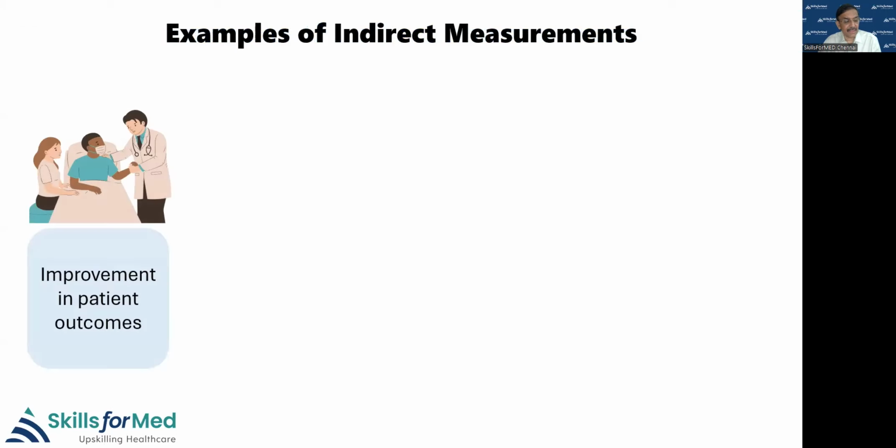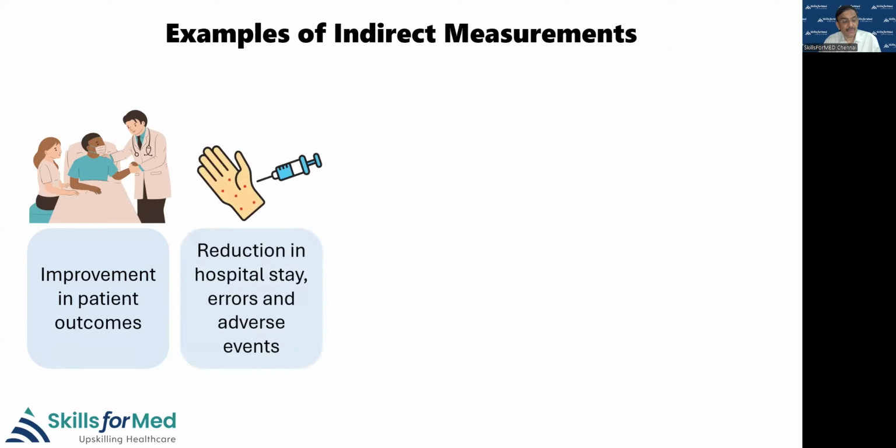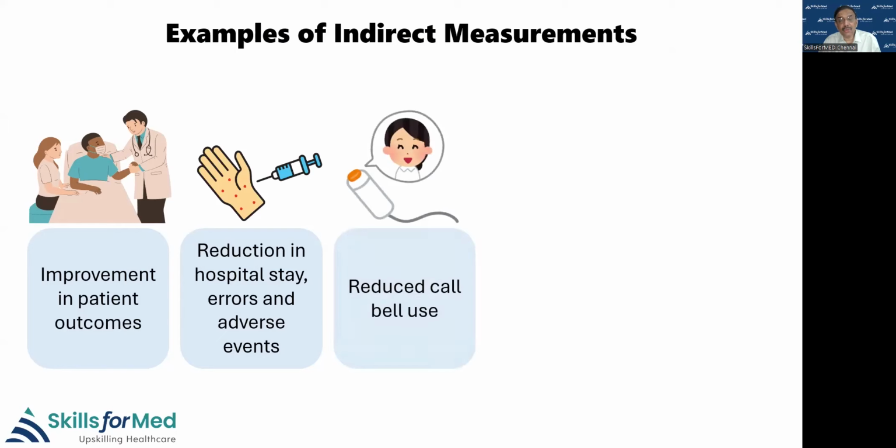These are some examples. Any patient improvement in outcome, if the improvement is due to the nursing rounds. Though many other factors are involved, you can take that as one of the indirect measurements. Reduction in hospital stay, any medical errors and adverse events, and reduced call bell use.